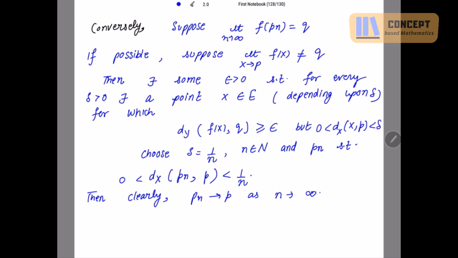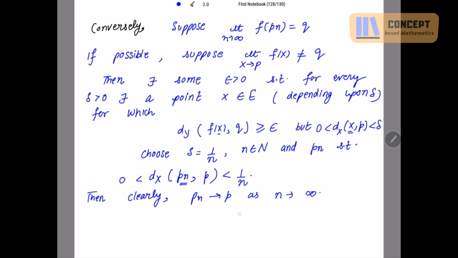Now, to the above definition, here also I will replace x with Pn. According to this, what will be the distance in y?